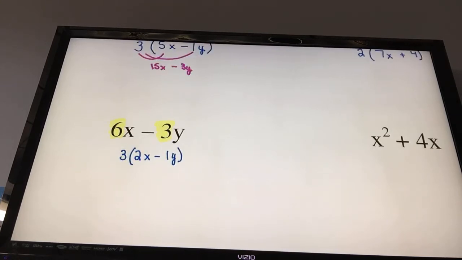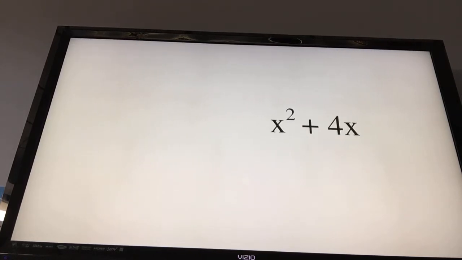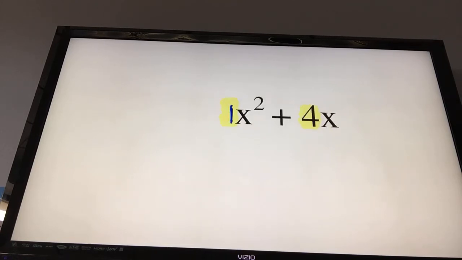Okay, so we're going to pick up some variables here. Coefficient of an understood 1 and 4. So the only common thing between 1 and 4 is 1. So we don't usually take that out as a common factor. But they do both have x's. One of them has an x to the first power, understood.